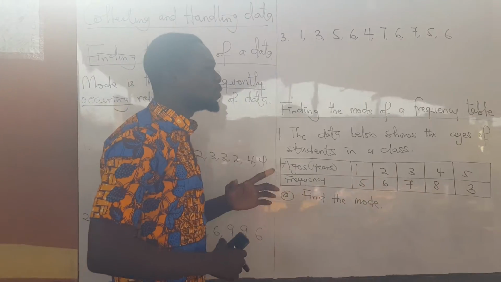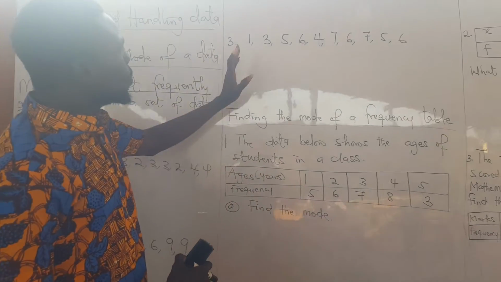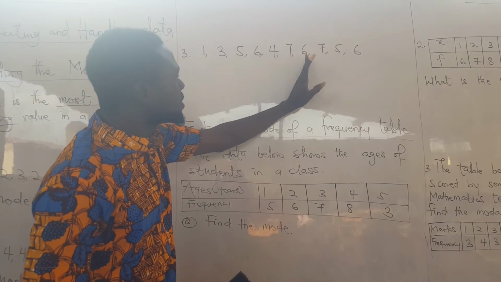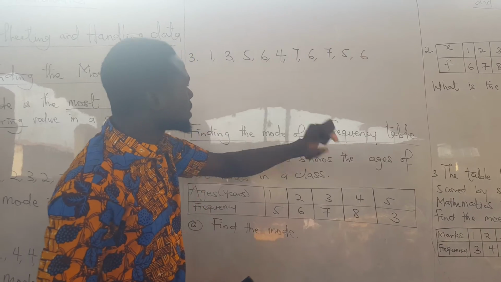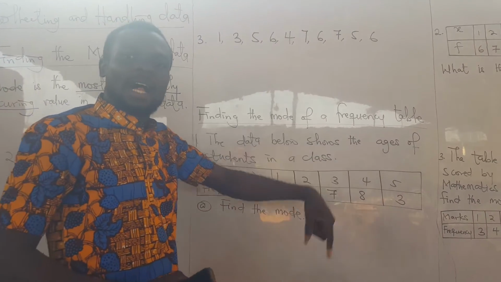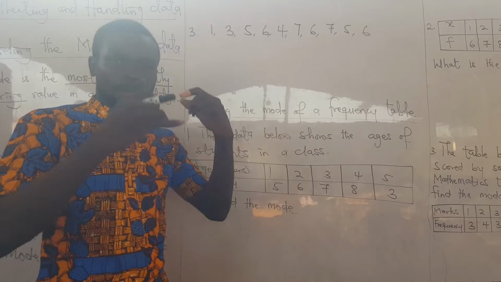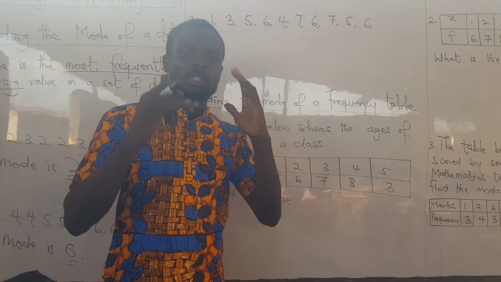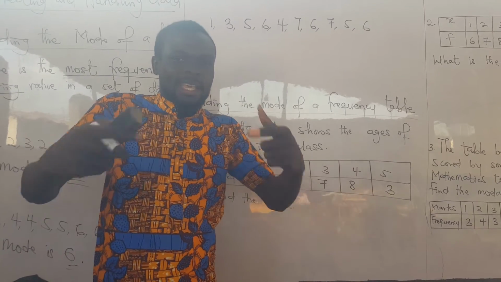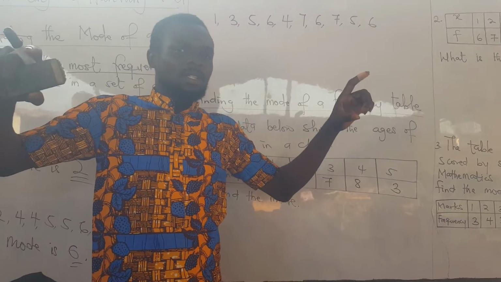And we come to the third one too. We have 1, 3, 5, 6, 4, 7, 6, 7, 5, 6. You are being asked to find the modal value or the mode. Remember, mode is the number that occurs most in a given set of data.